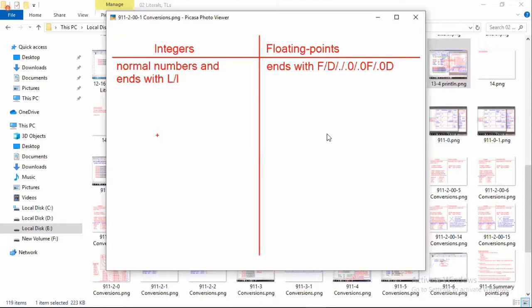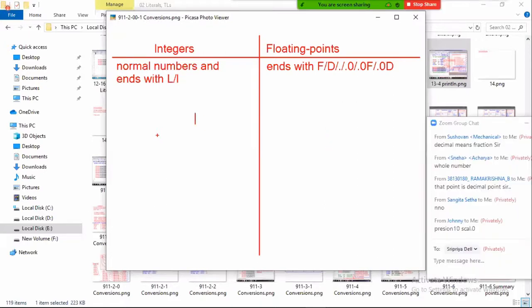No, I am asking the question. In mathematics you have 10, 0, 10, right? What do we call this 10 in mathematics? When you take the number system, what is this 10 called? In English, decimal means fraction.